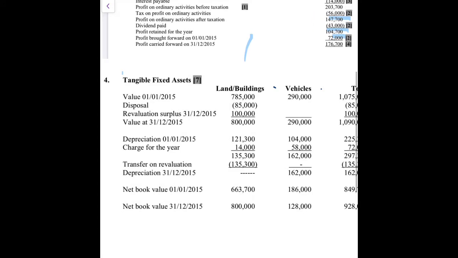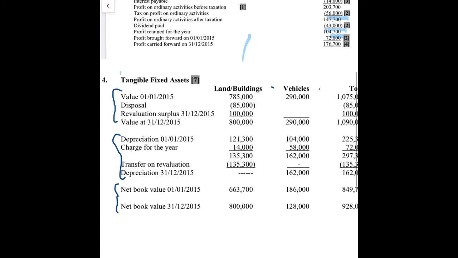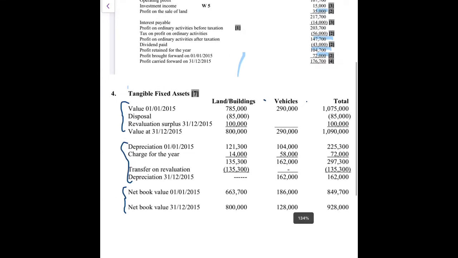Up at the top you have everything to do with the cost. Okay, so this section here is the cost, this section here is the depreciation section, and these last 2 pieces are your net book value. So you're starting off with our cost. Let's have a look and see.